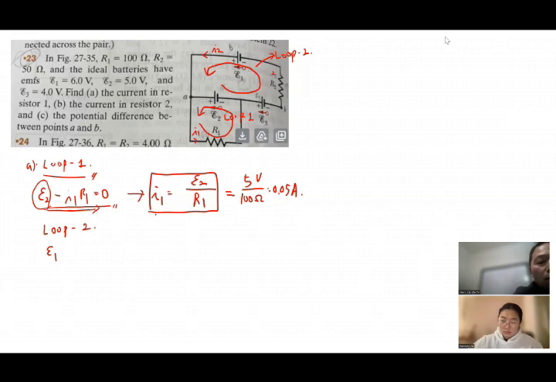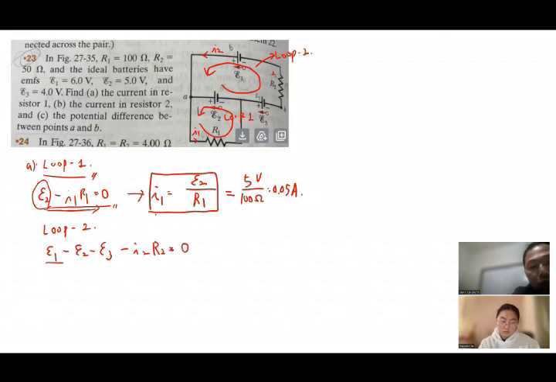So E1 is positive, and now E2 and E3 are in phase against the E1. So that should be E1 minus E2 minus E3. And now R2 is also in the same direction, positive direction with the current flow I2. That should be, so I2 R2 equals 0.